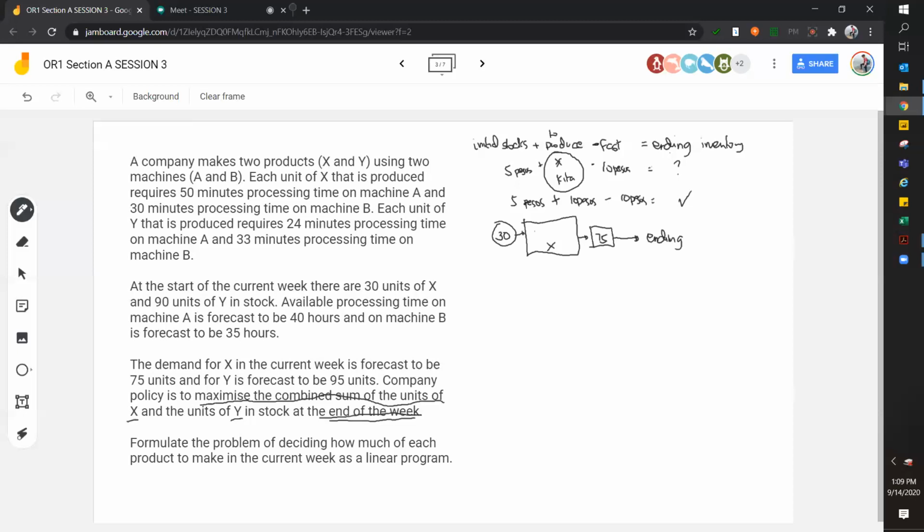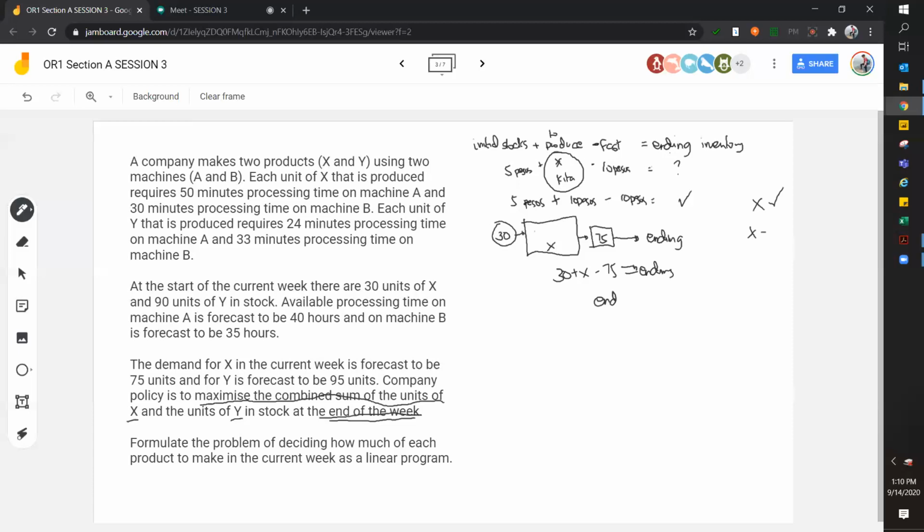Okay? So parang ganyan din yung formula natin. Hindi natin alam yung X. Hahanapin natin yung X, tapos hahanapin yung X minus. Ito yung equal ending: 30 plus X minus 75.